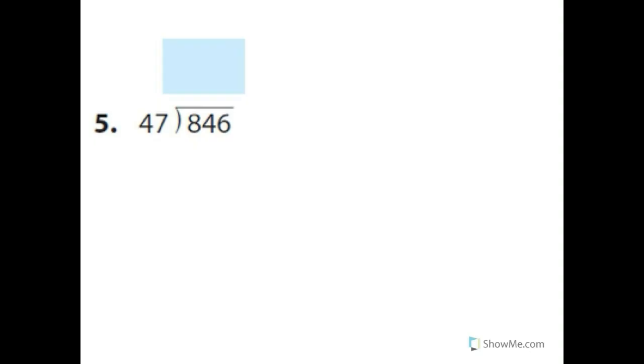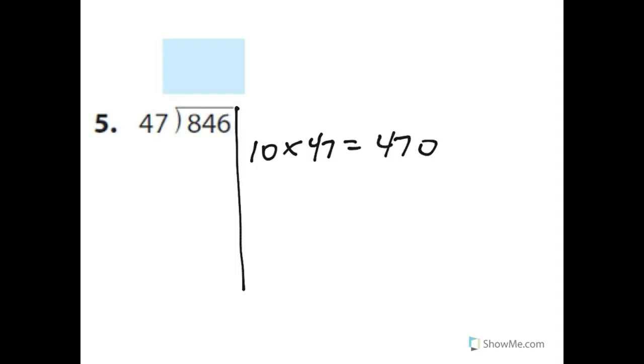Well, alright. I'm thinking that 10 times 47 is going to be 470. 2 times 50 would be 100. So 20 times 50 would be 1,000. That'd be too much, right?